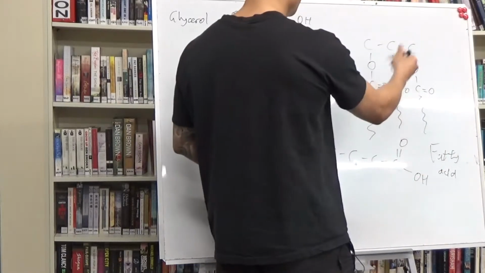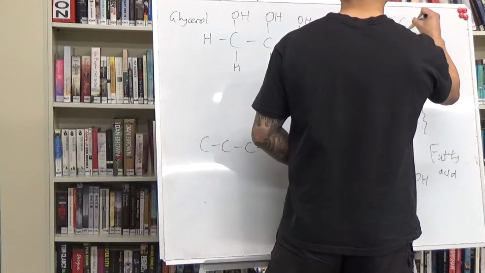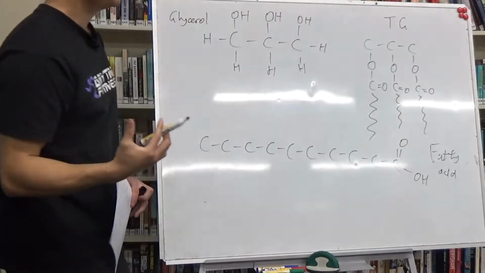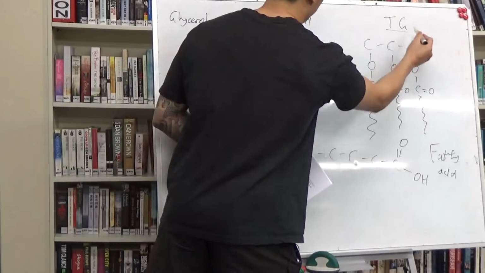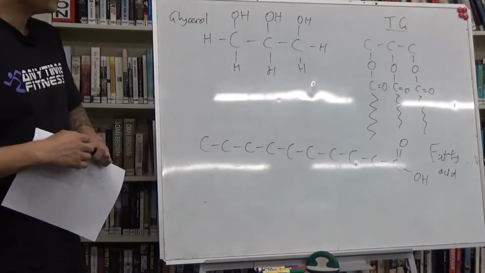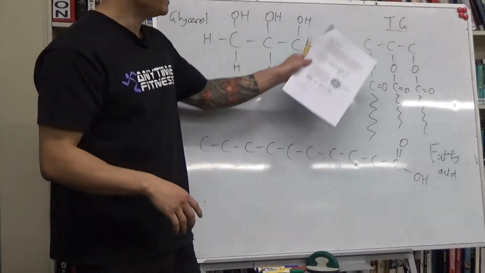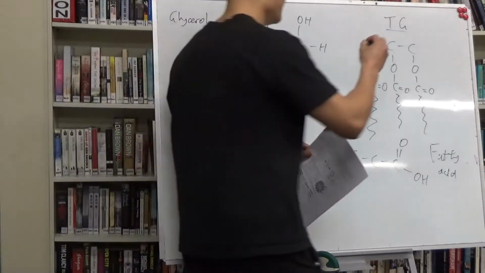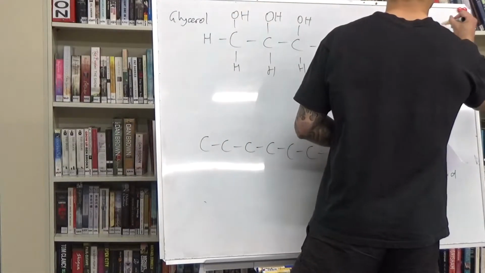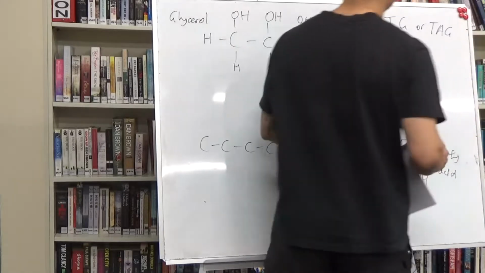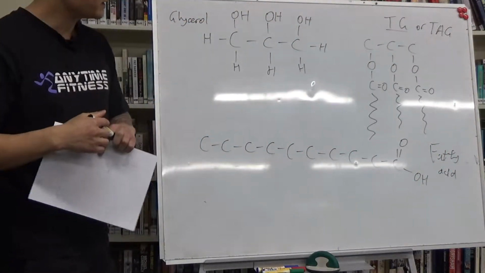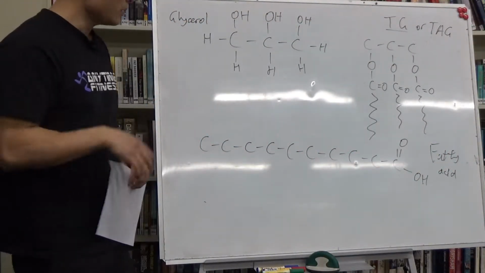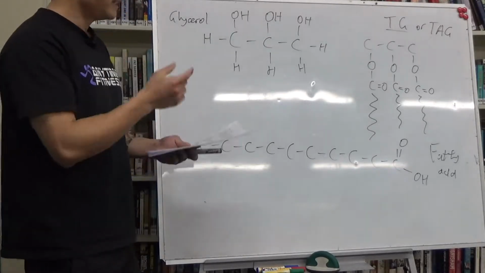So this here is a triacylglycerol. You can just abbreviate that as TG. If I write TG, I mean triacylglycerol from now on. Or you could write it as TAG. Either works, but I'll probably just write down TG from now on.